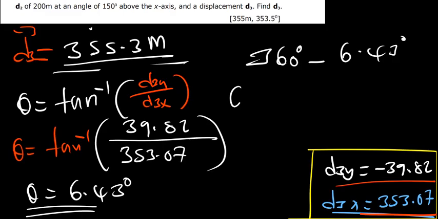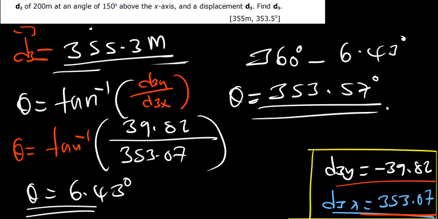So the actual theta I'm looking for right now is 360 minus 6.43, which is 353.57 degrees. So this is the angle which we are looking for, which is here.